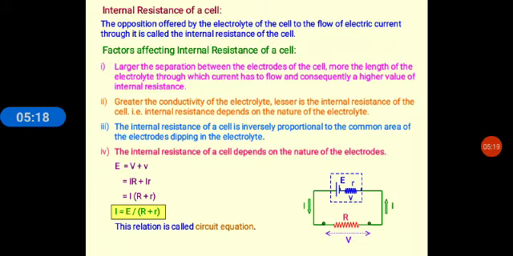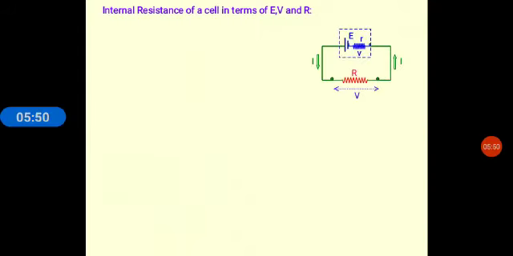When we solve this, we get the value of I as the ratio of EMF to the sum of external resistance and internal resistance, and this relation is known as the circuit equation. Now let us see how internal resistance is calculated in terms of EMF of a cell, potential difference and external resistance.